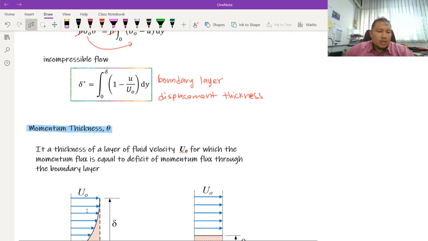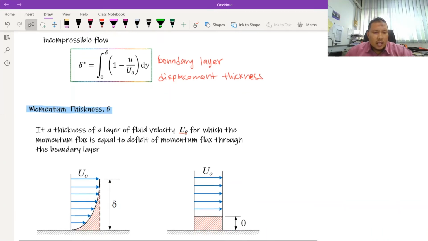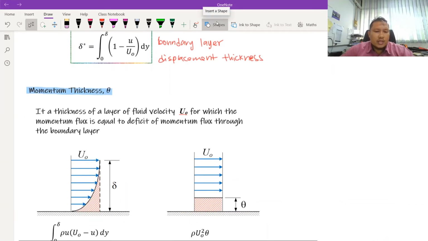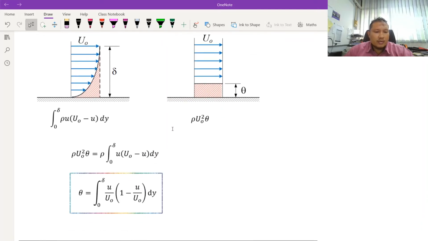This comes out of the von Karman analysis, which we already saw, and we denote it with the symbol theta. The momentum thickness represents the amount that the boundary needs to move away from the wall in order to have the same deficit that occurs within this region.